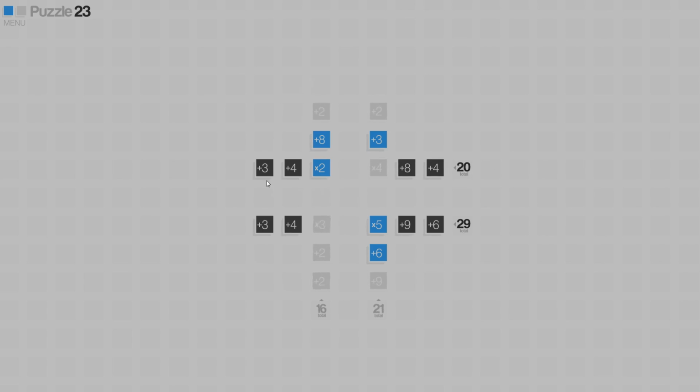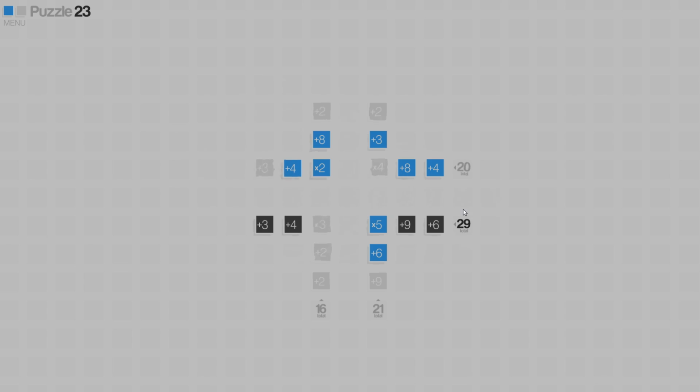Usually I would have to check if 3 plus 4 equals 7 times 2 can also be solved, that would be 14. So I would need another 6, which I can't achieve here with plus 8 and plus 4. So it has to be plus 4 times 2 plus 8 plus 4, and the plus 3 can be removed.